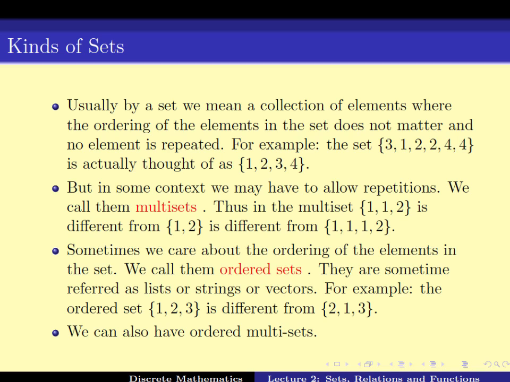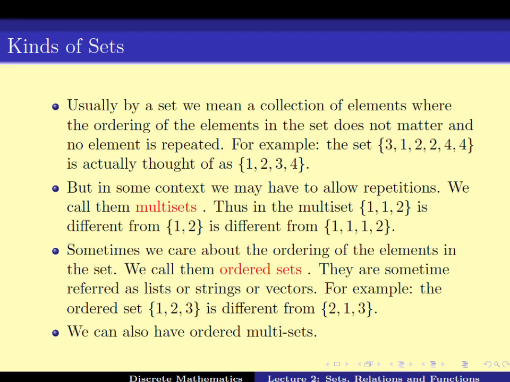When we consider ordered sets, people sometimes use other names in different contexts. Sometimes it is called a list, meaning a list of objects or elements where the ordering does matter. Similarly, we sometimes call it a string or a vector.